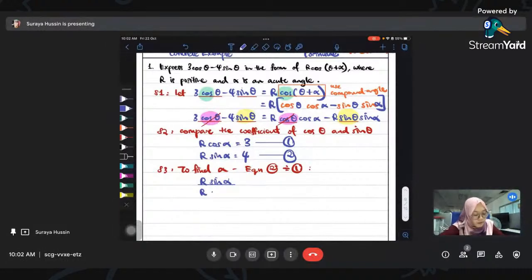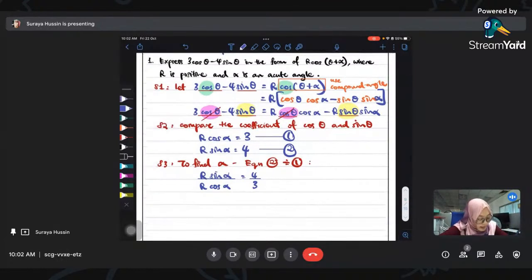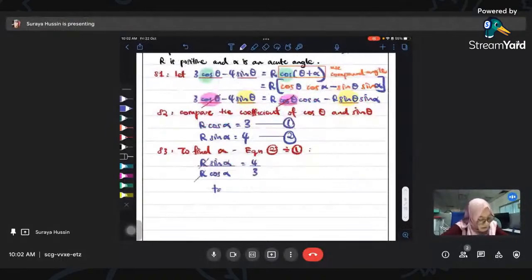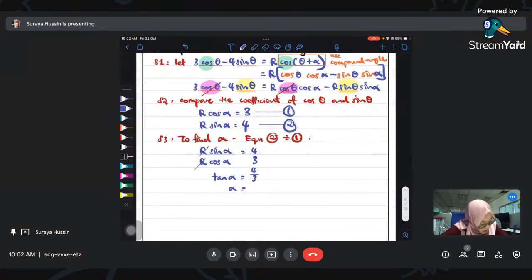Saya paling suka R form sebab seronok buat. 4 over 3. And then R cut tinggallah tangent alpha. Sin over cos is tangent alpha is equals to 4 over 3. Therefore, alpha is shift tan, inverse of tan, 4 over 3.